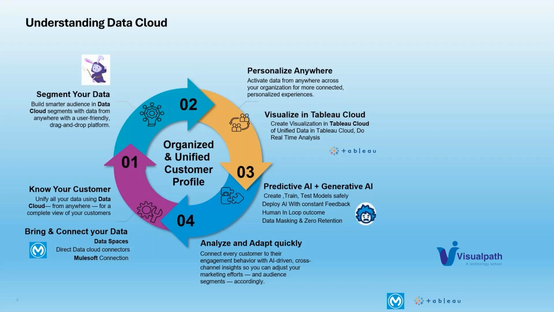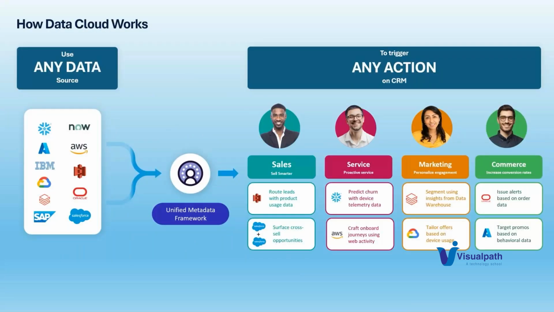How Data Cloud works: you use any source, on top of your source you bring the unified metadata framework, and after this unified data, you can trigger any action to either Sales, Service, Marketing Cloud, or Commerce. This is our use-case-level view.